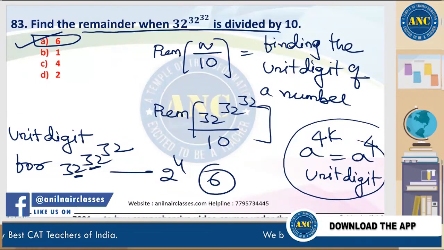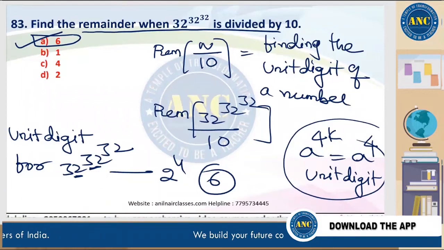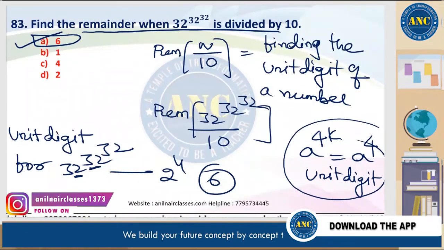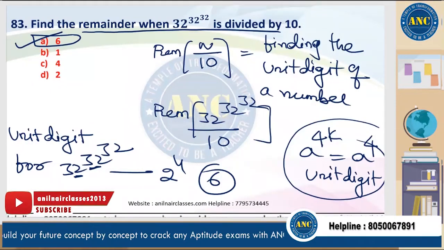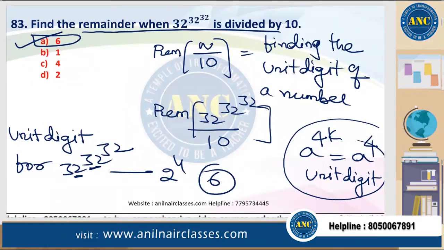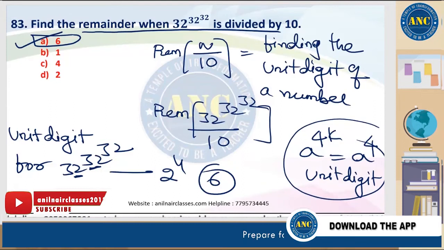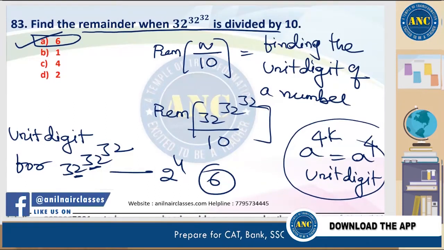So unit digit for a power 4k is nothing but a power 4. Idea clear, right? So the answer for this question is 2 power 4, 6.